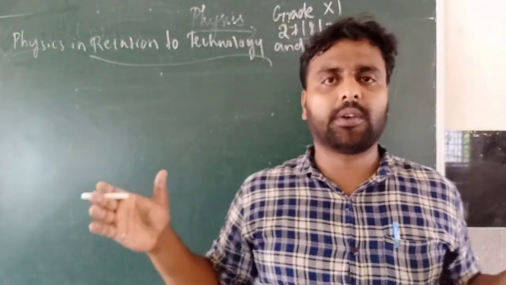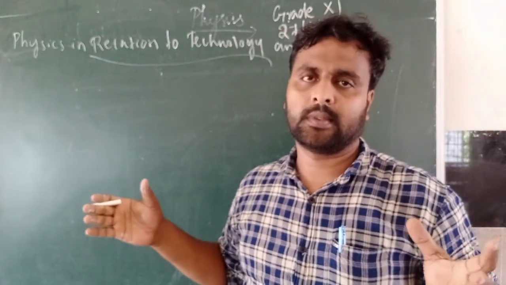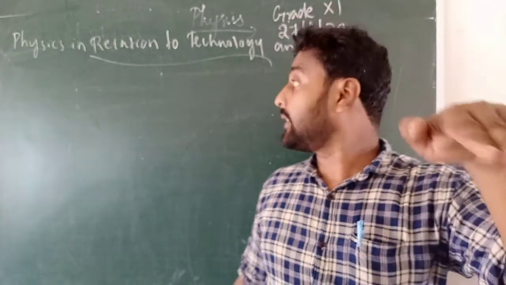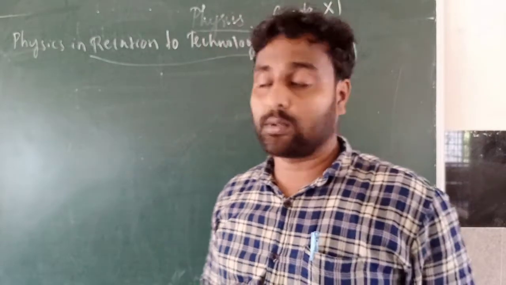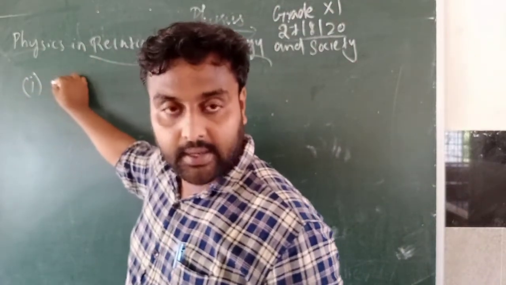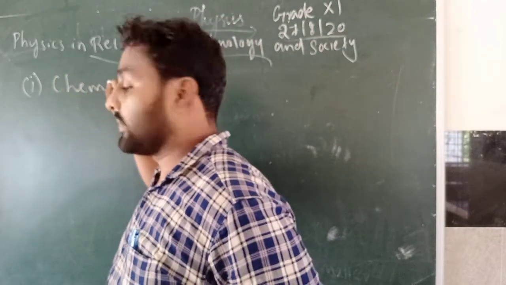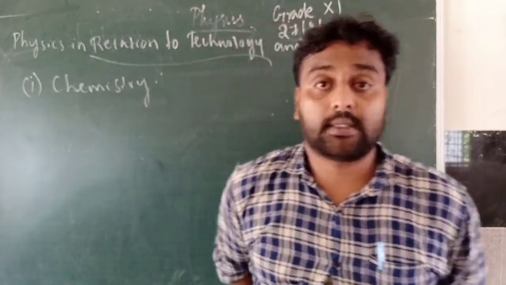Whatever study we are doing based on science, physics will be there. So that is physics in relation to technology and society. In that, physics in relation to chemistry. You can see page number 6.